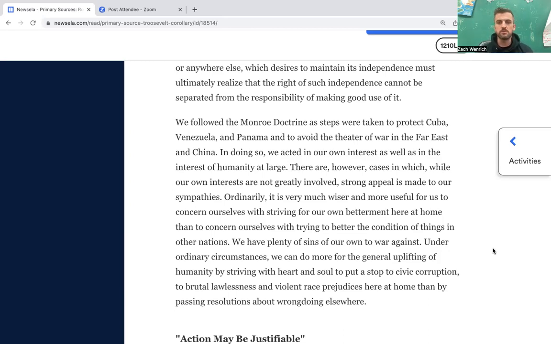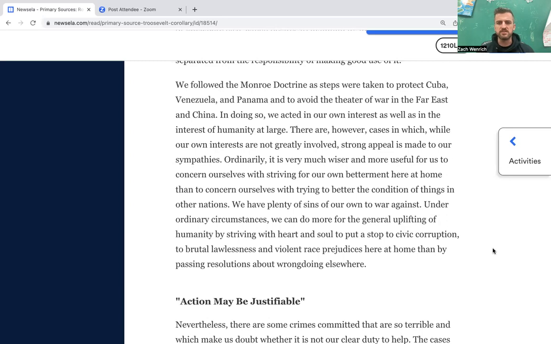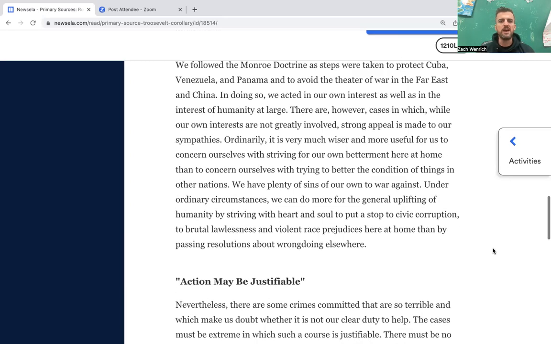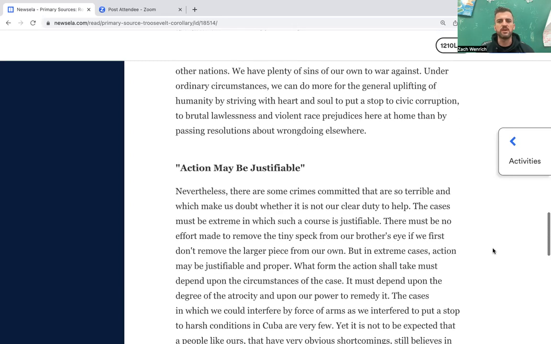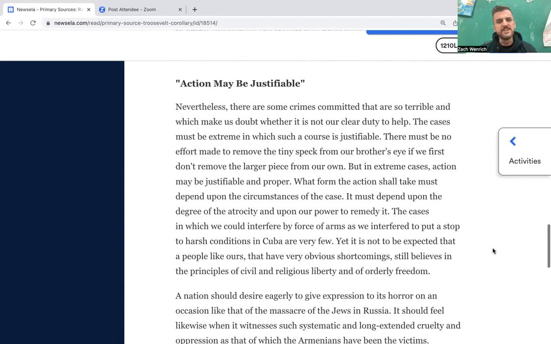Under ordinary circumstances, we can do more for the general uplifting of humanity by striving with heart and soul to put a stop to civic corruption, to brutal lawlessness and violent race prejudices here at home than by passing resolutions about wrongdoing elsewhere. Action may be justifiable.